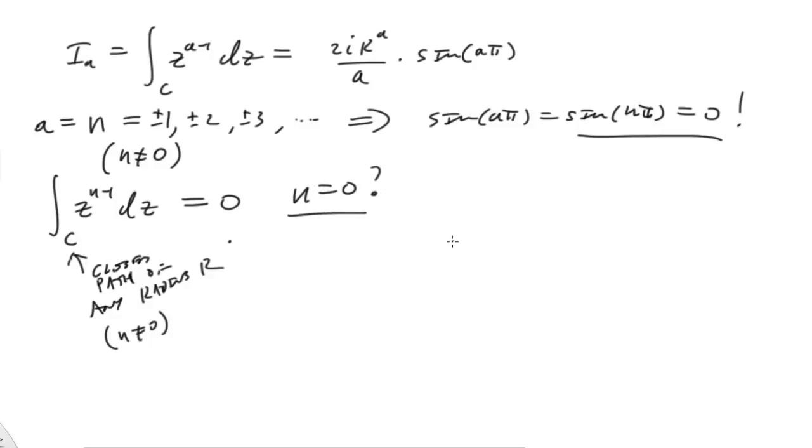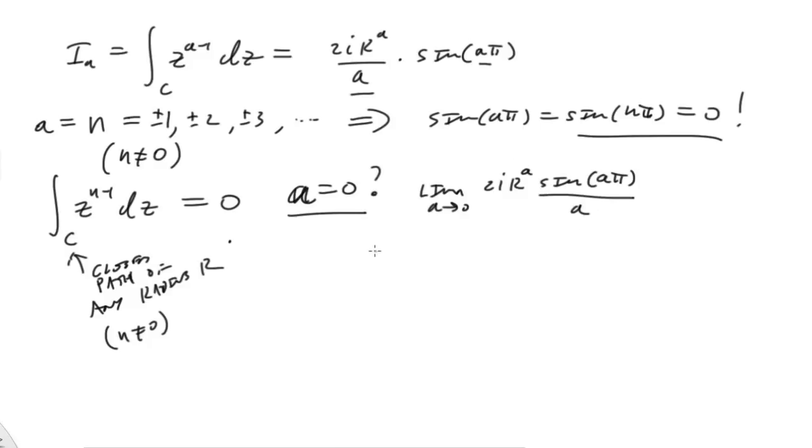What's going on there? Well, a is equal to 0. Let's go back to the original constant. Well, we can't exactly compute it directly, because there's that division by 0, so we have to compute a limit. So what I'm going to do is take the limit as a goes to 0 of 2i r to the a power times sine a pi, all over a.